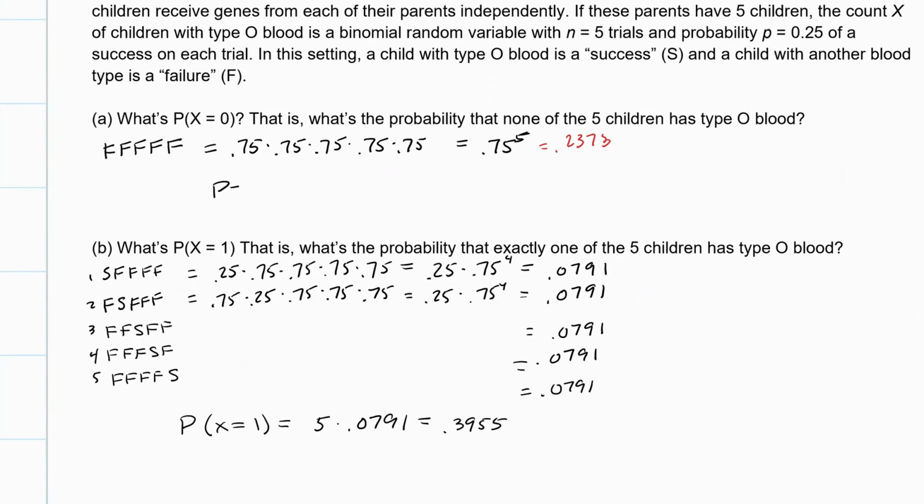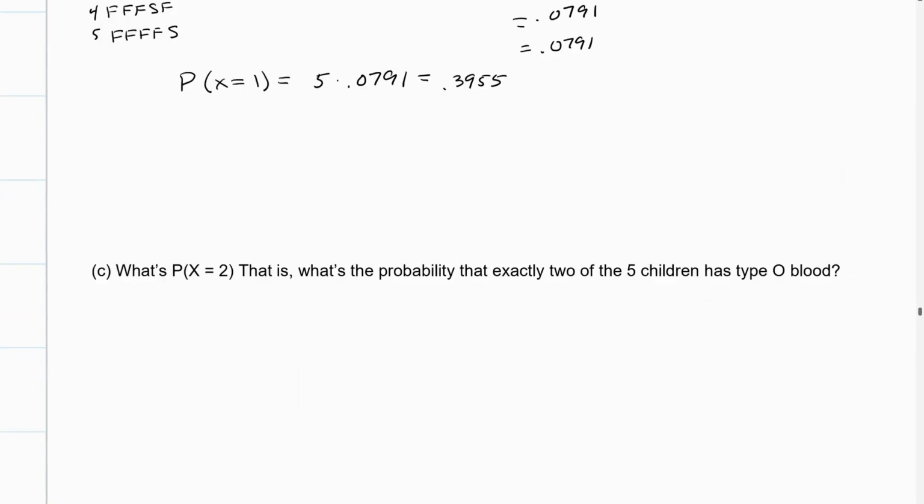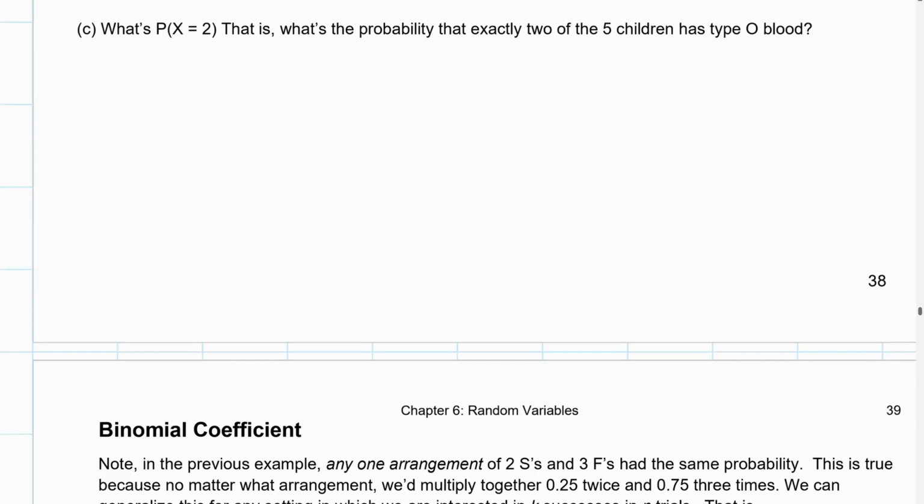And similarly, we could have said that this is the probability of getting zero successes, and that was 0.2373. Great. How about having exactly two out of the five successes?